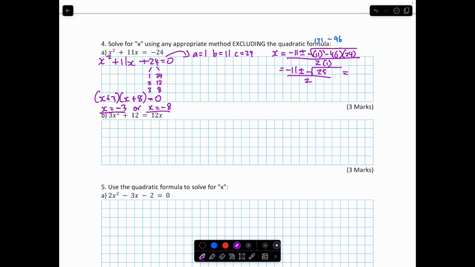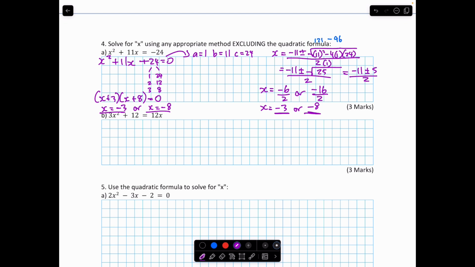Over 2, you've got negative 11 plus or minus 5 over 2. So x is going to be negative 11 plus 5, which is going to be negative 6 over 2, or negative 11 take 5, negative 16 over 2. So x is going to be negative 6 over 2, negative 3, or negative 8, which is what we got before, using the proper way.